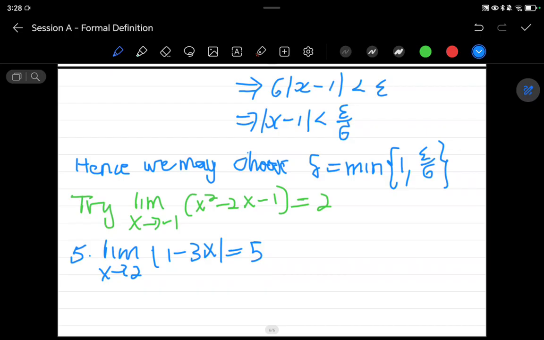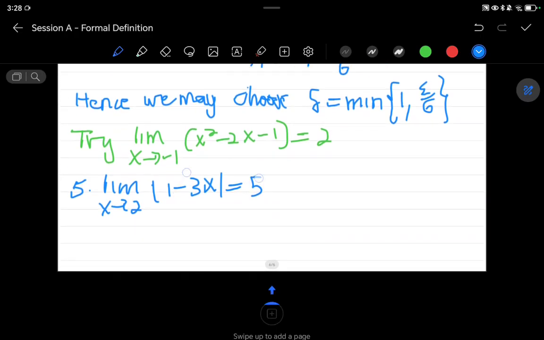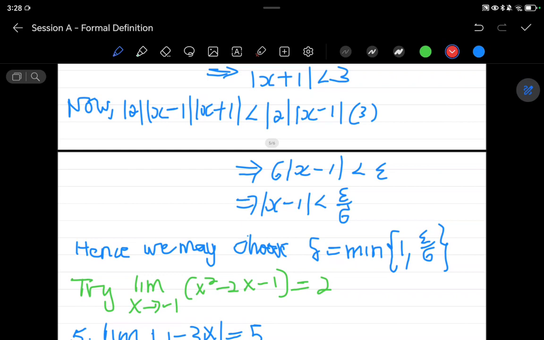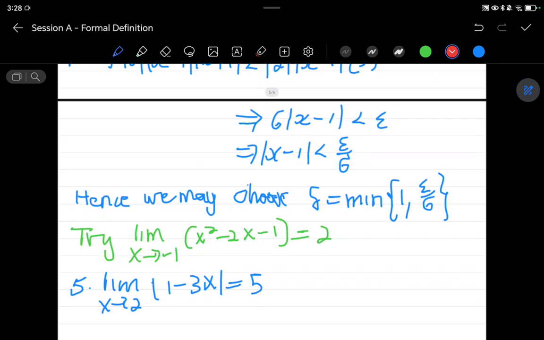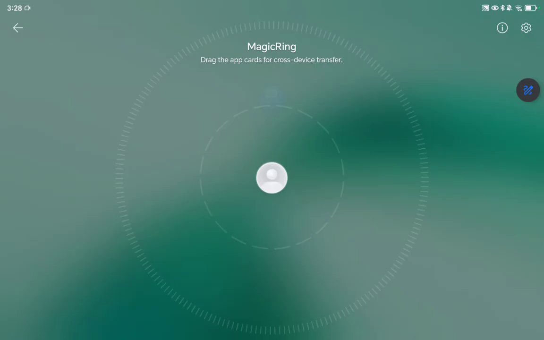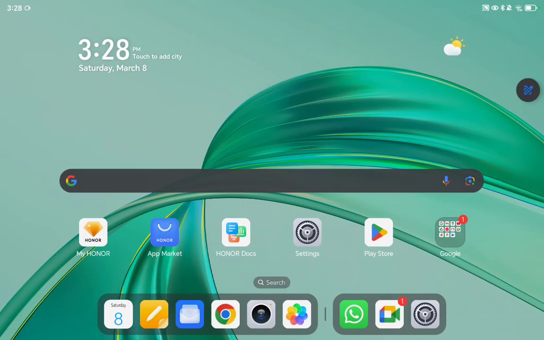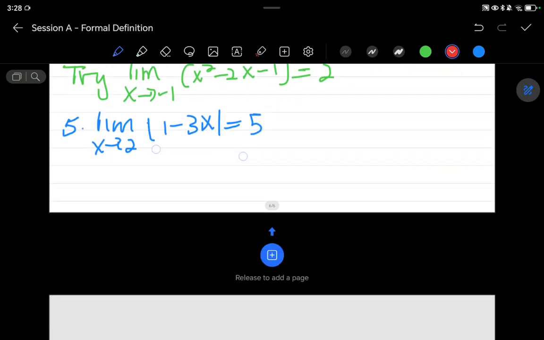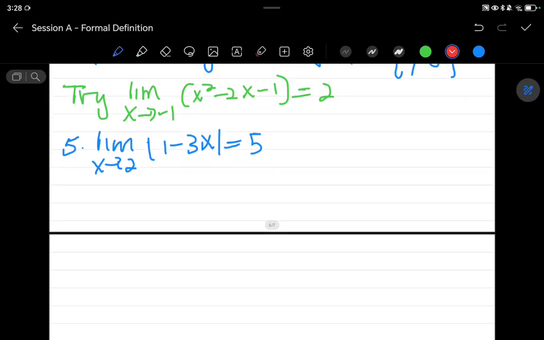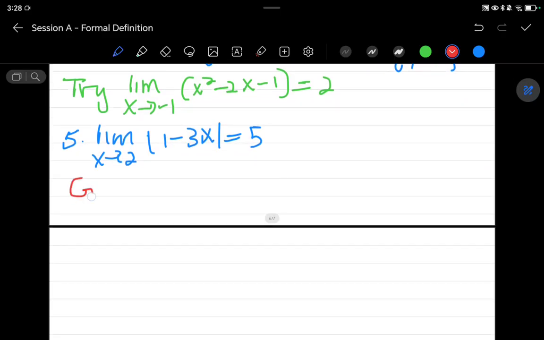Is it approaching 2? Yeah, it's approaching 2. It's equal to 5. And then we're going to write our definition. Then we're going to write: given any epsilon greater than 0, we must find.